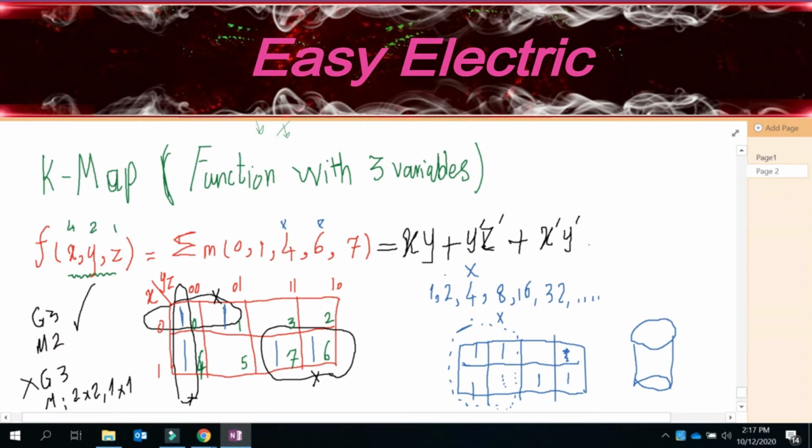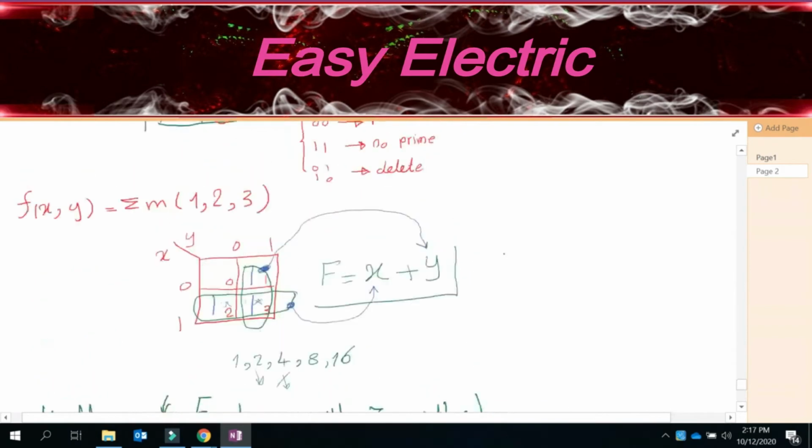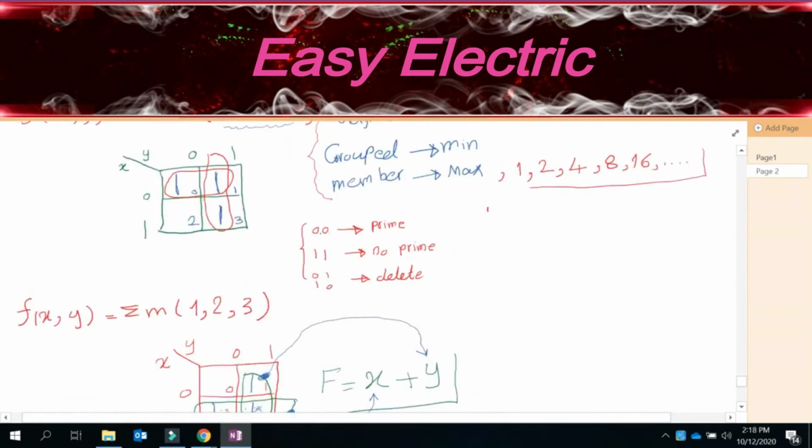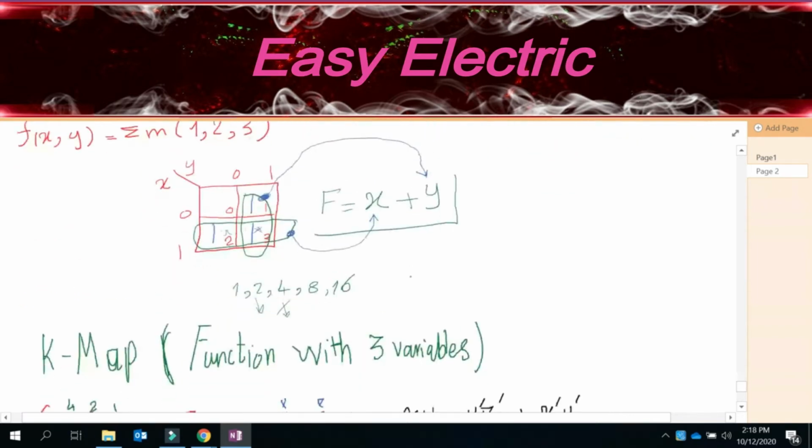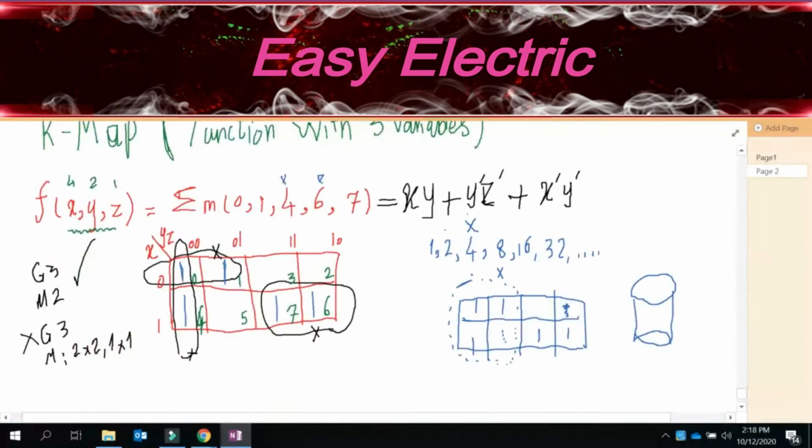You don't have that variable, so no z in the corresponding term. I mentioned this, and I summarized that for you in our last class. 0, 0, get the prime; 1, 1, no prime; 0, 1 or 1, 0, you delete or eliminate the variable. This is exactly the same rule that I follow, okay?